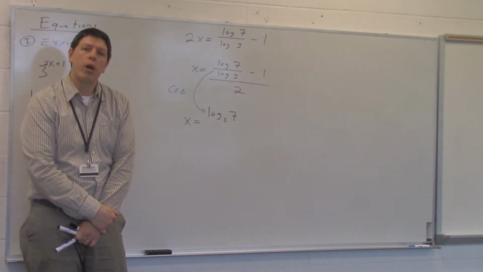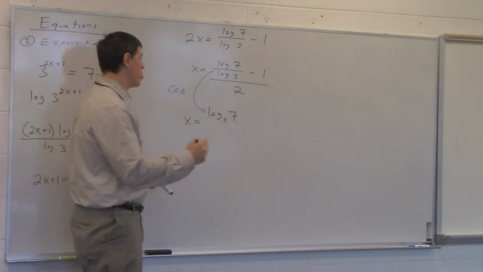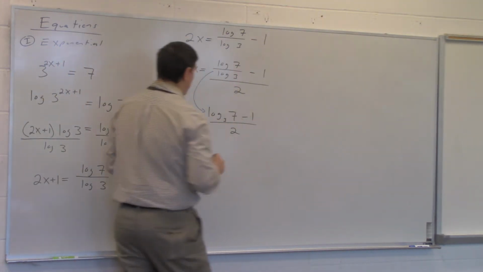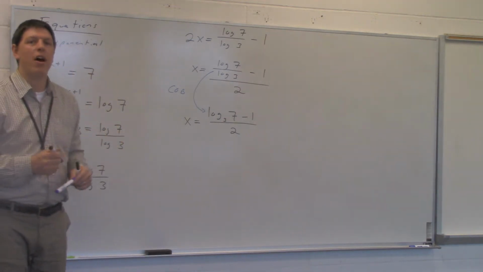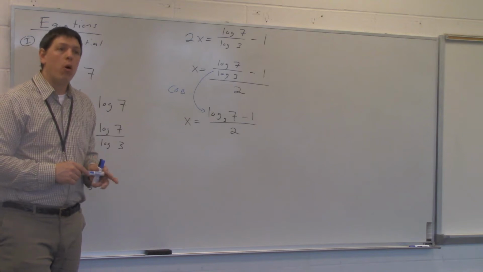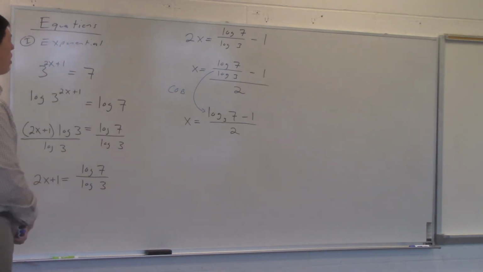Another way we can operate is to make it into the more dense, simplified version. So log base 3 of 7, minus 1, divided by 2. That would be the exact value. Don't give me an approximation. Don't give your boss an approximation unless they ask for it. Give them exact values.